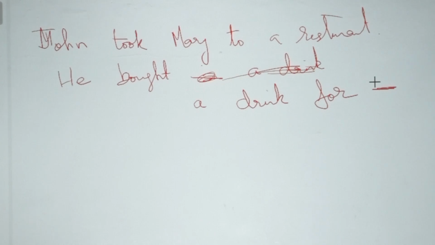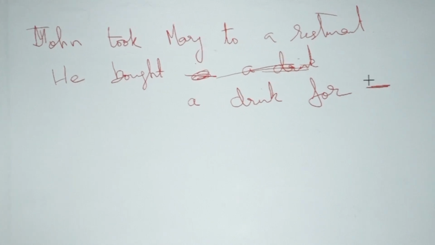Now it's not so easy. You may say, what is there? Obviously, this is not so easy, because first of all, he bought a drink for whom? You will say there are only two people involved in this sentence, isn't it obvious? It's not. First of all, buying a drink is something else.